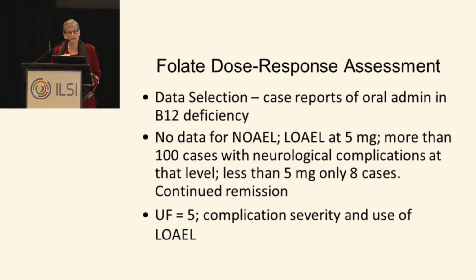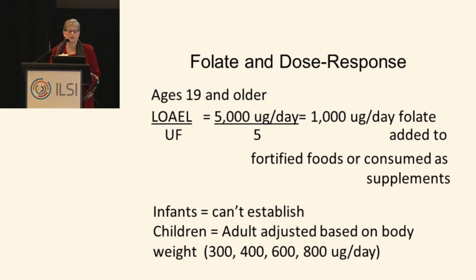For their dose response assessment, they used case reports of oral administration in B12 deficiency. They found no data for a NOAEL. A LOAEL they set at 5 milligrams, and you can see the reasons on the slide. An uncertainty factor of 5 because of the severity and the fact that they had used a LOAEL. And this shows you their calculation.